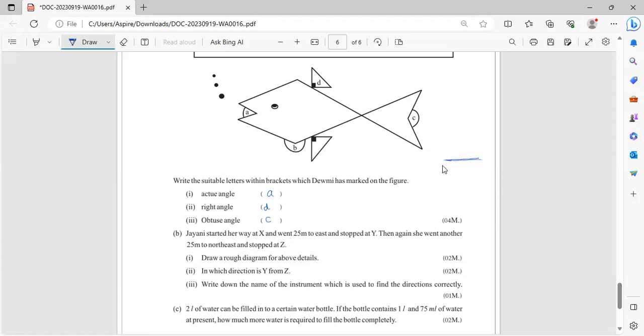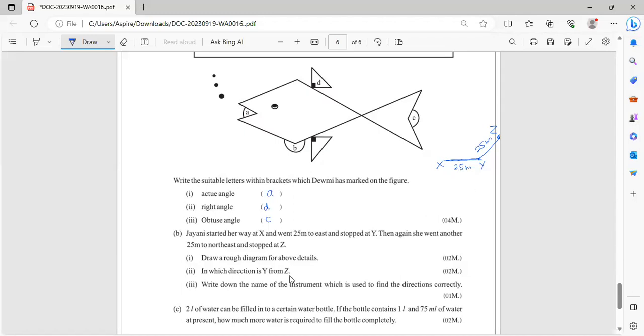X වලින් පටන් අරගෙන එයා 25 meters ගිහින් තියෙනවා eastward and stop at Y. Then again she went another 25 to northeast. Northeast means this side. Then 25 meters and stop at Z. X, Y, Z. You should have roughly noted like this.